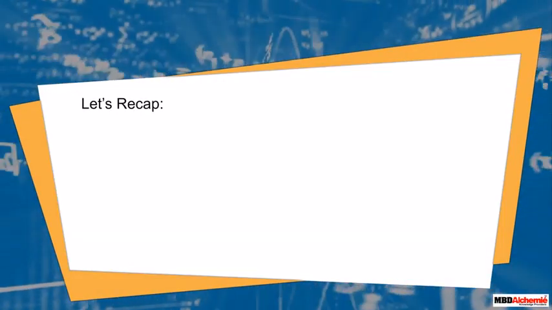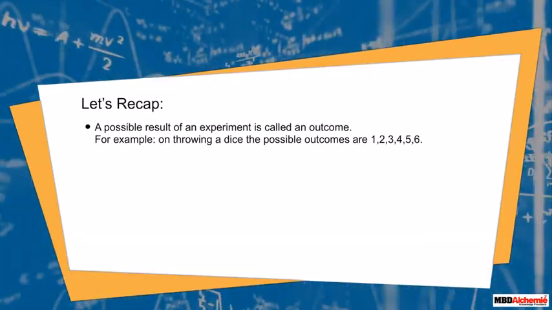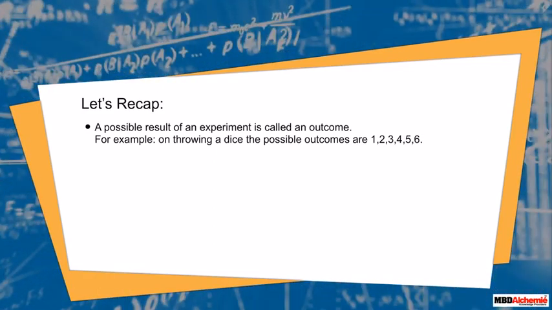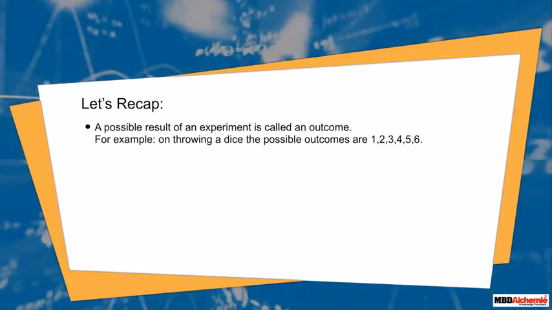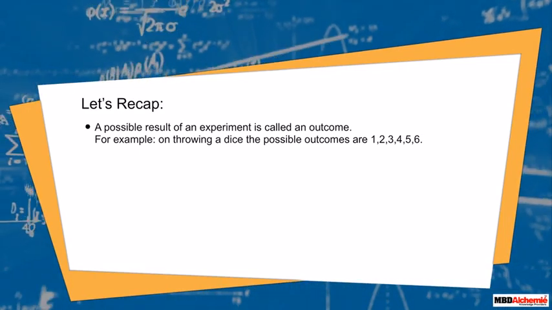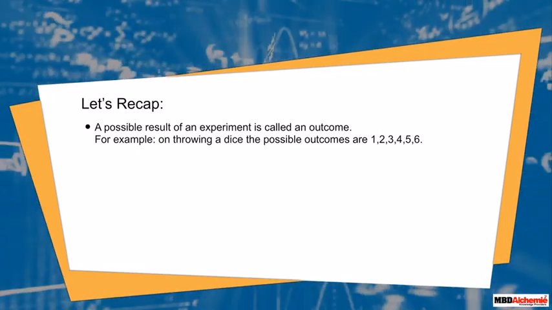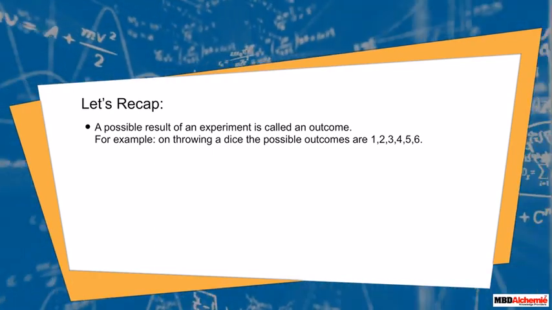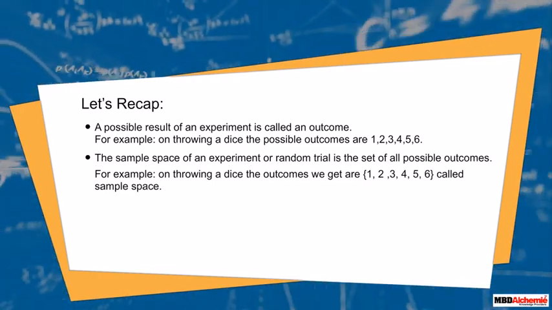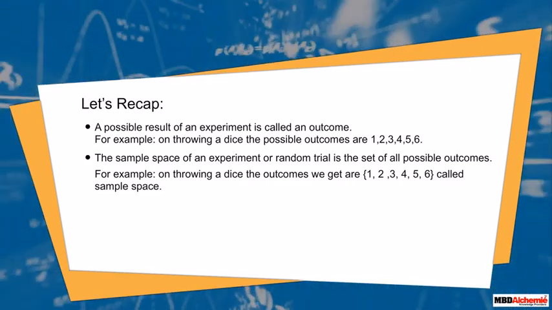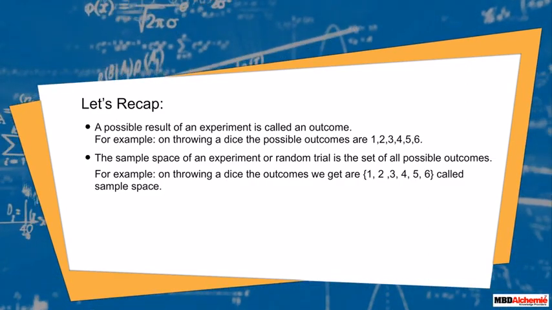Let's recap. A possible result of an experiment is called an outcome. For example, on throwing a dice, the possible outcomes are 1, 2, 3, 4, 5, 6. The sample space of an experiment or random trial is the set of all possible outcomes.